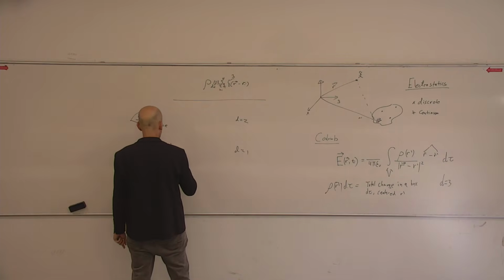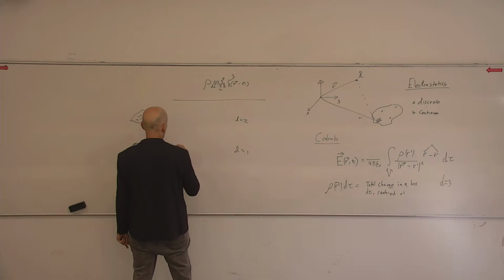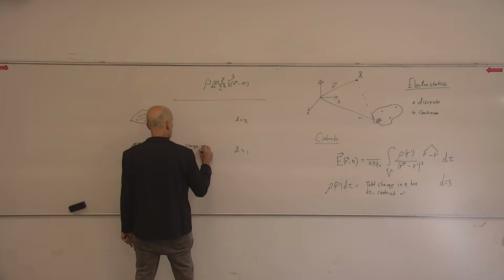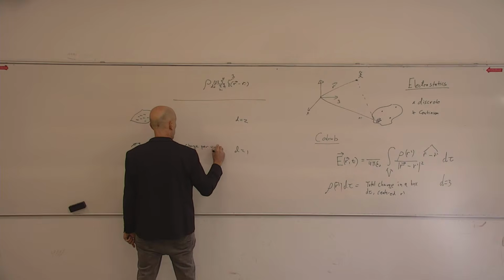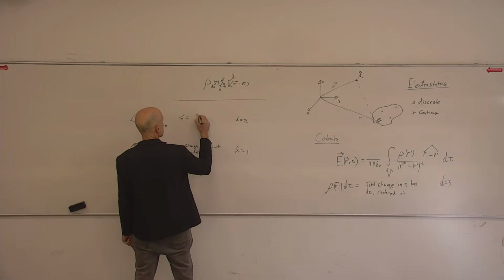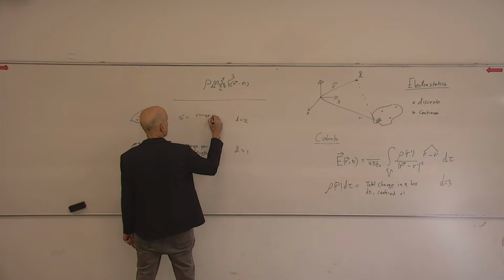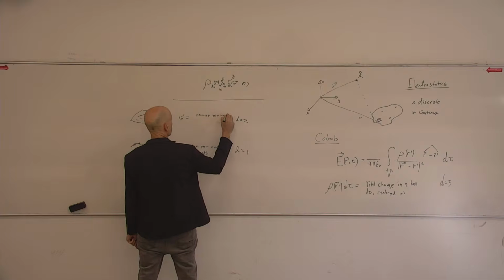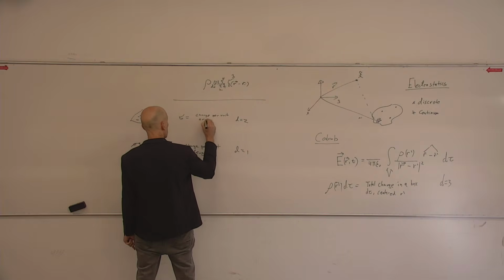This will be described by lambda. This is the charge per unit length. And the surface will be described by sigma. That's the charge per unit area.